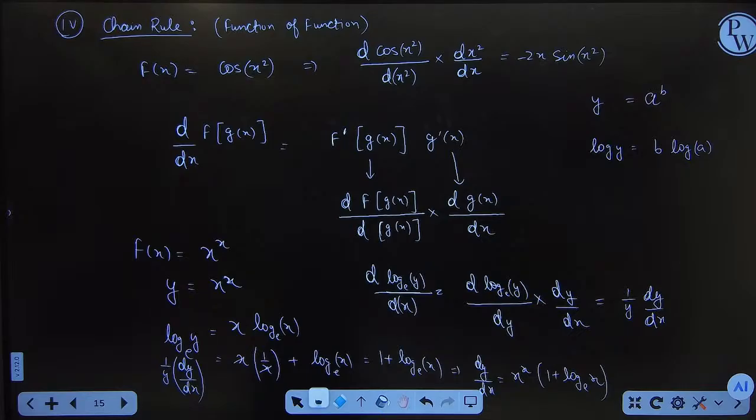Write down a question. Air was being pumped into a balloon at a rate of 10 centimeter cube per second.